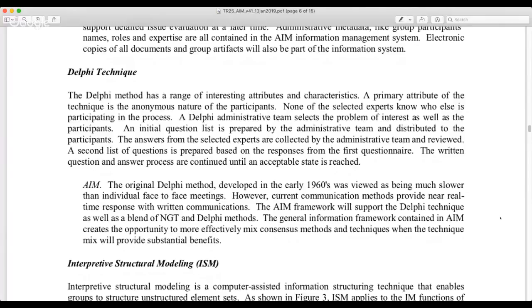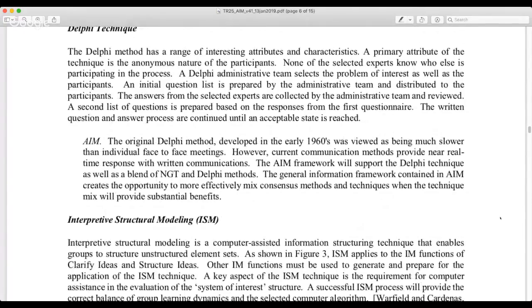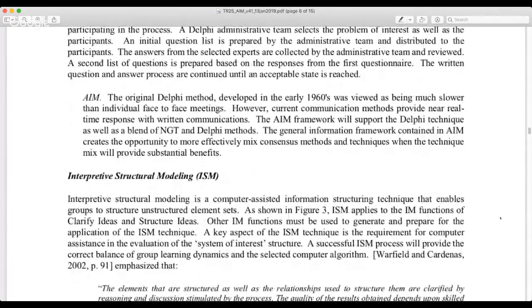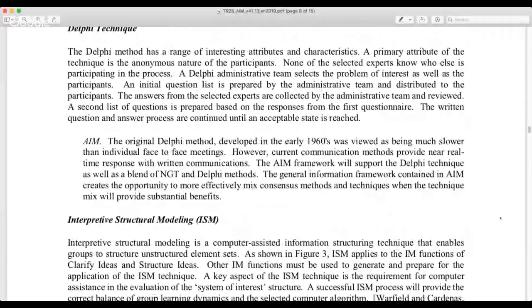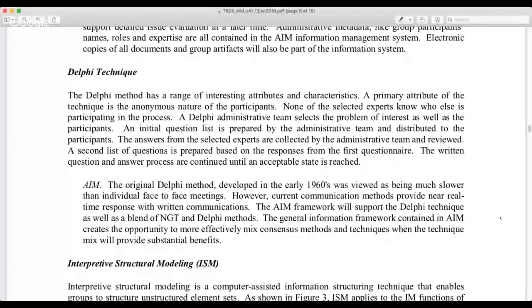Joe? Yes. Ken Lloyd is asking, how are anchoring error and confirmation bias overcome in the Delphi method?